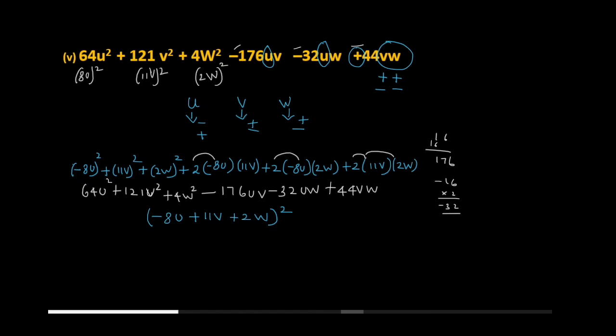The other way, suppose I am taking my u as positive, I should take my v as negative and w also negative.